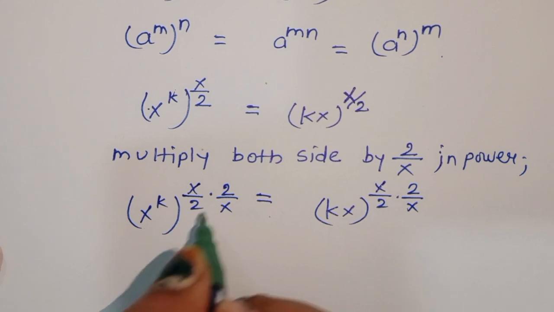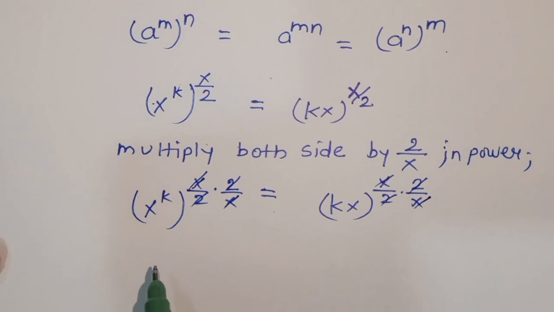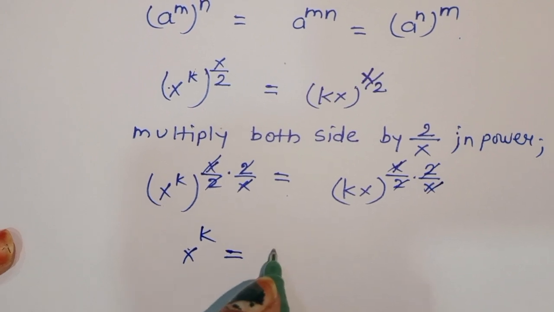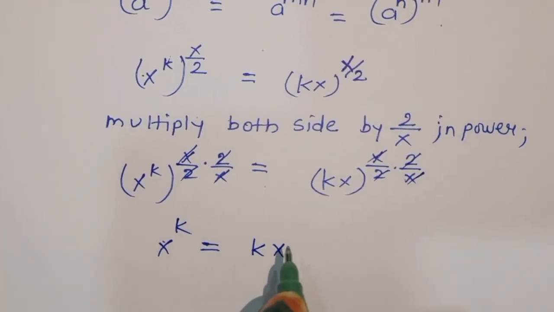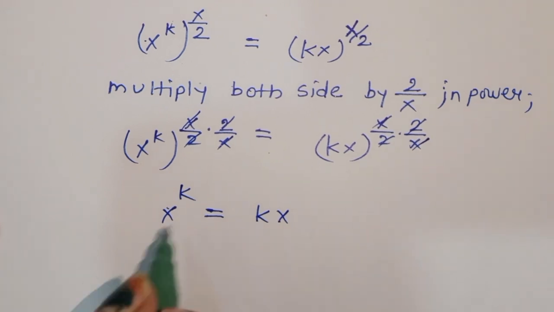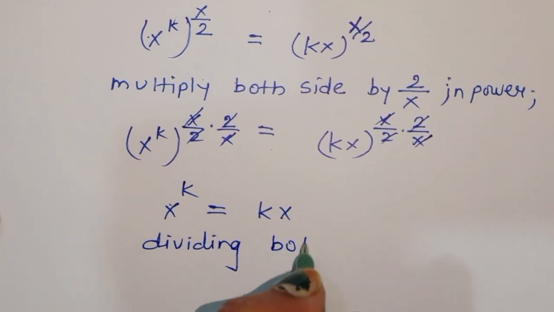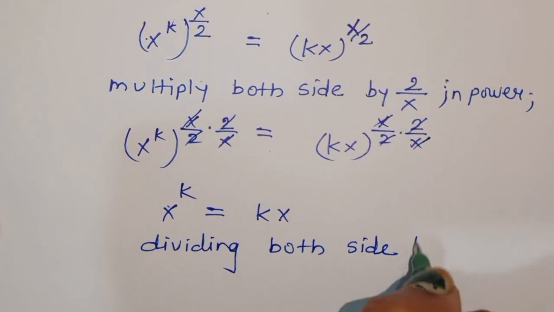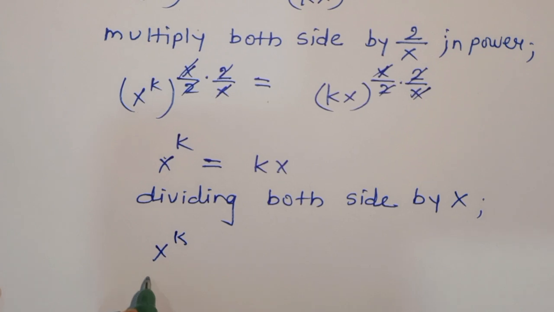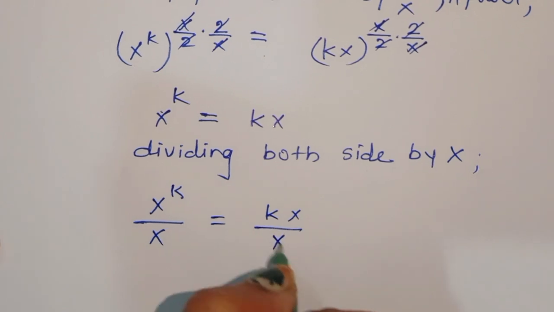Now you can see here, we can cancel this one and from here this one. So we have left the term x power k is equal to kx. Now dividing both sides by x, because we have to eliminate this term, we get x power k divided by x is equal to kx divided by x.